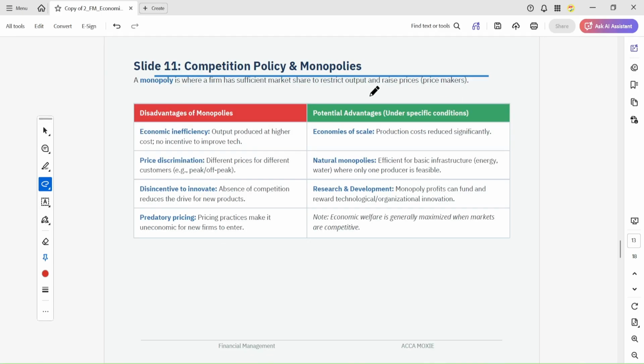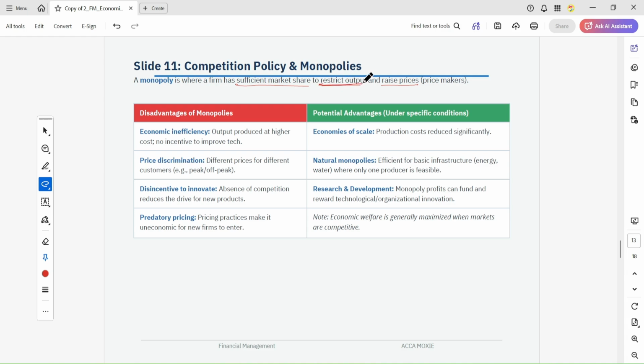Then some of the advantages and disadvantages of the monopoly. A monopoly is where a firm has sufficient market share. If you are the monopoly, you have sufficient market share to restrict the output. So you can restrict the output and raise the price.